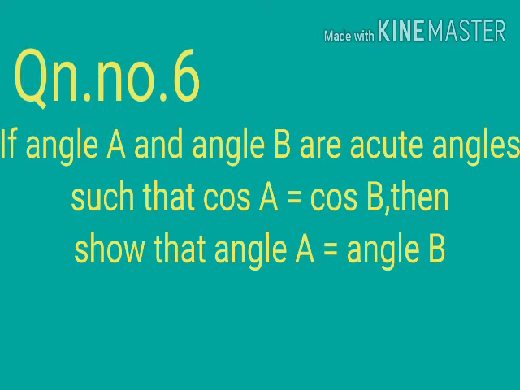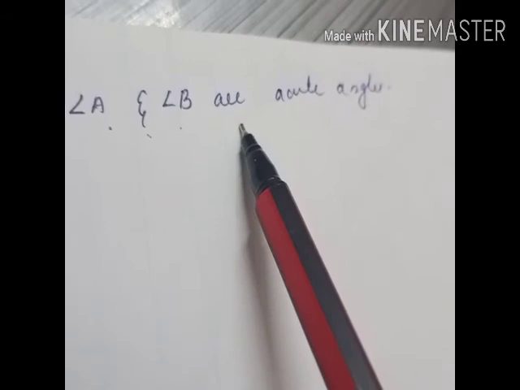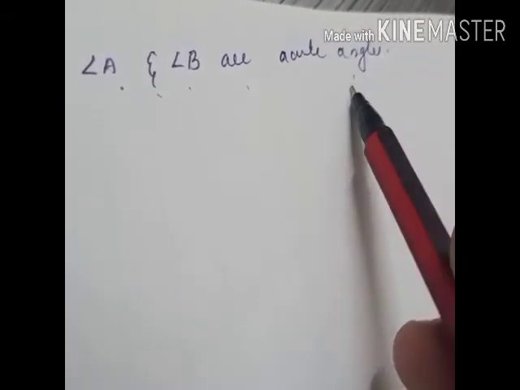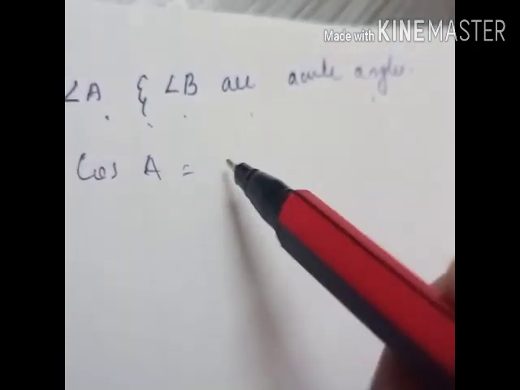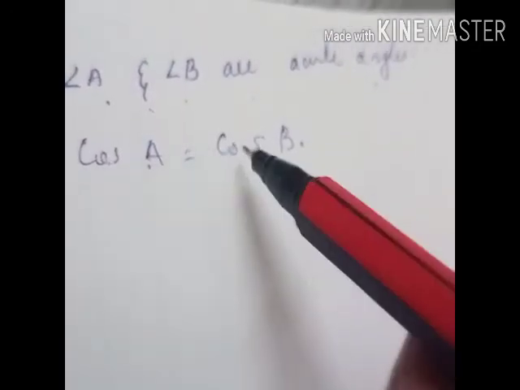Question number 6. If angle A and angle B are acute angles such that cos A equal cos B, then show that angle A equal angle B. In the question it is given that angle A and angle B are acute angles, such that cos A and cos B are equal.